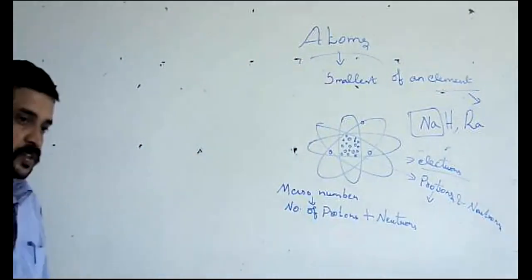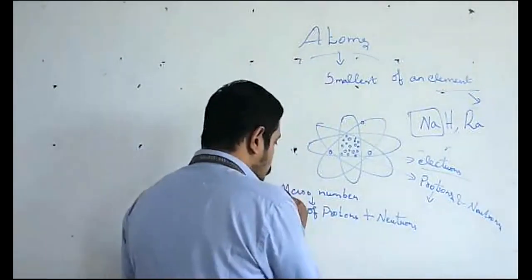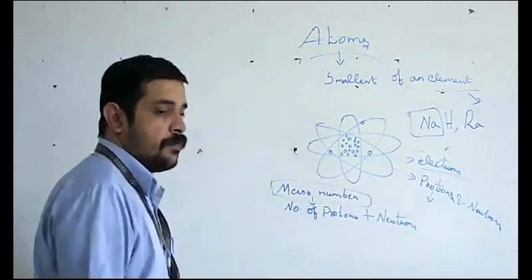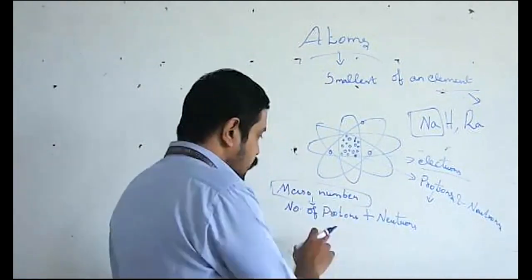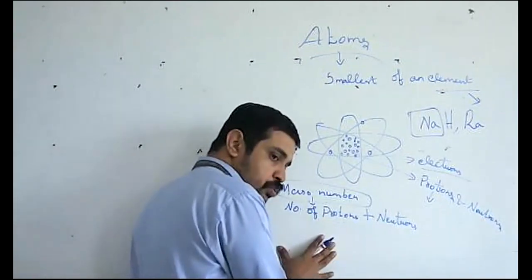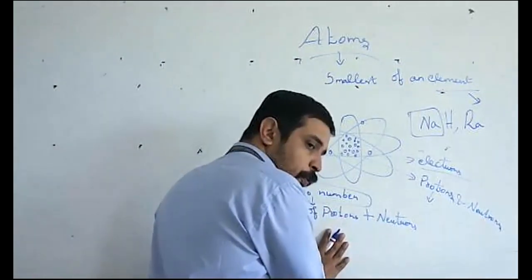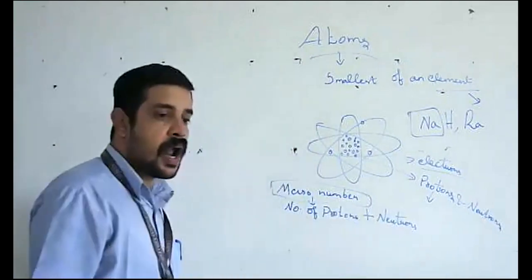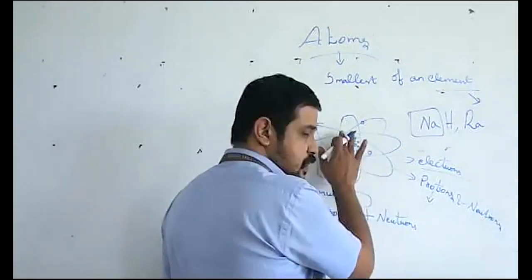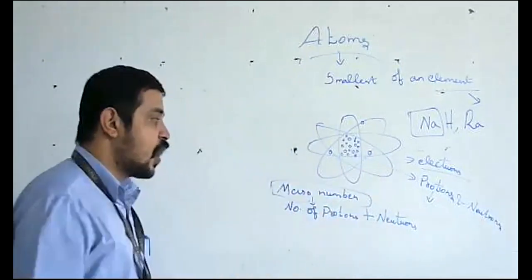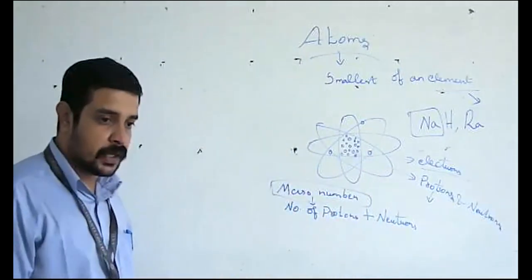You have to understand this. The mass number is defined as the number of protons and the number of neutrons altogether.